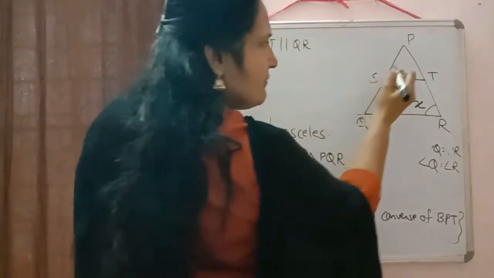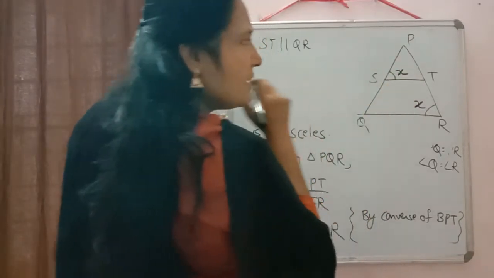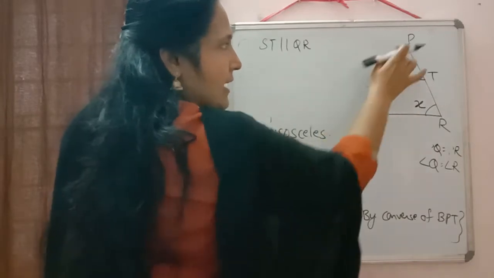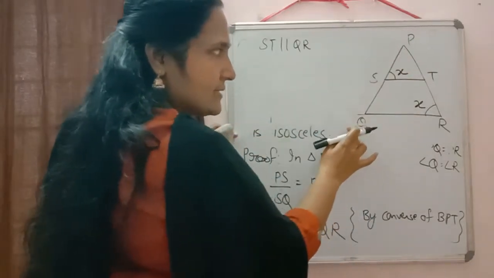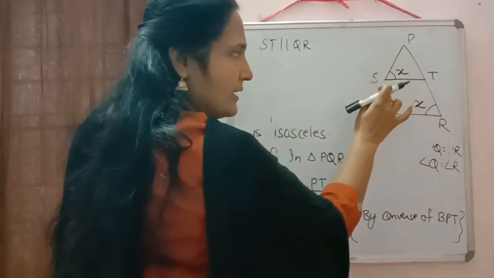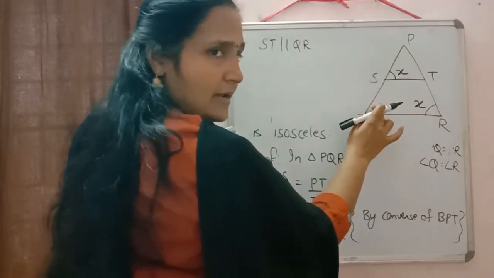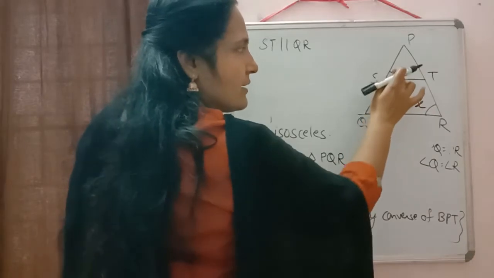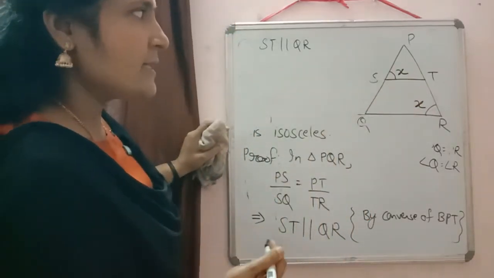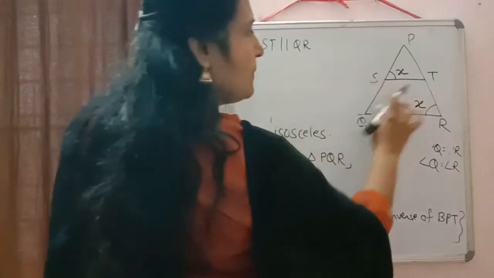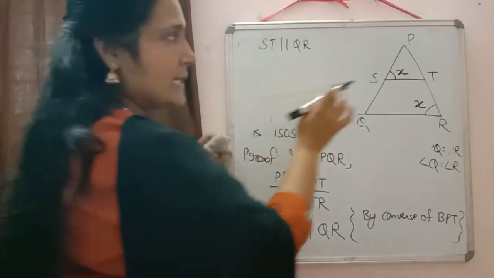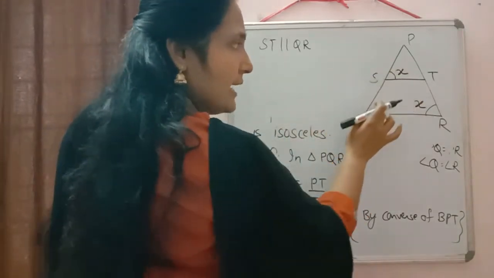So what relation will come between angle S and angle Q? Which type of angles are they? Two parallel lines are intersected by this transversal. Angle X is here at the top and here we have angle Q at the top. These types of angles are called corresponding angles. And in 9th class we studied, if two parallel lines are intersected by a transversal, then corresponding angles are equal.